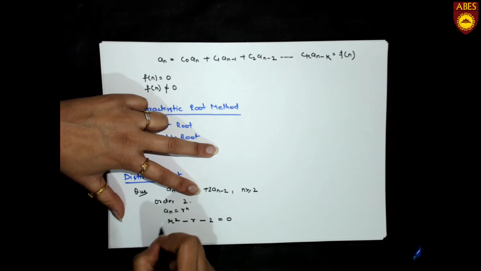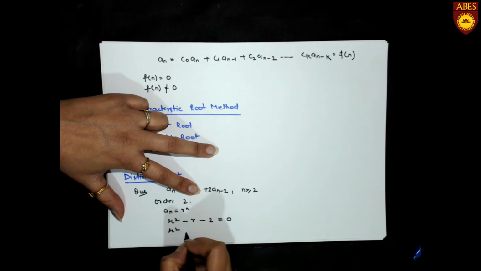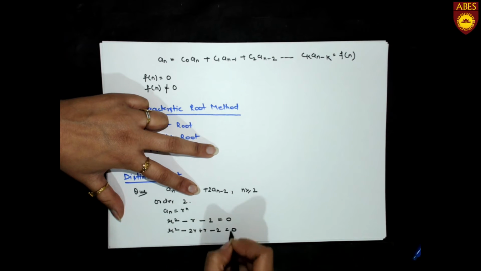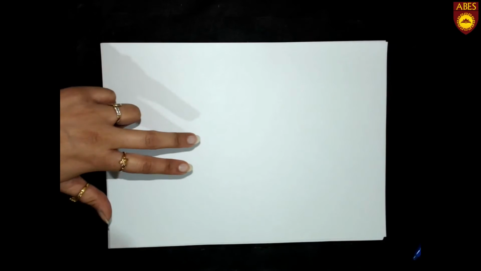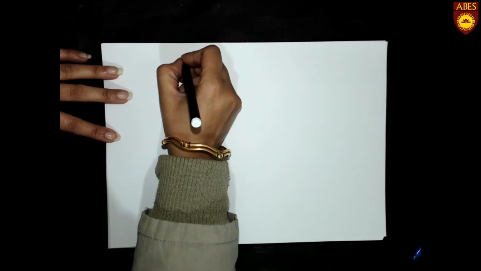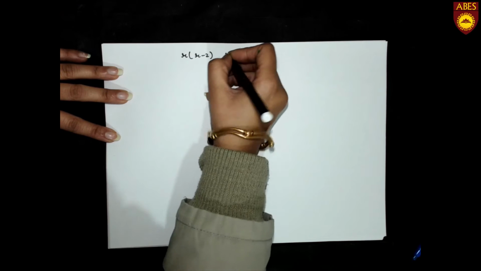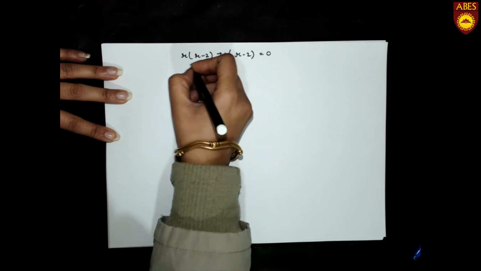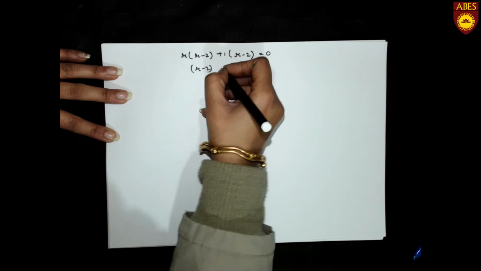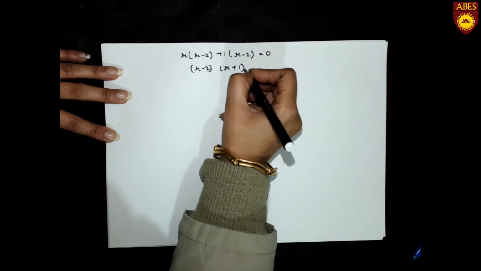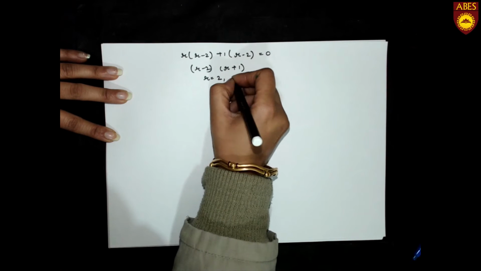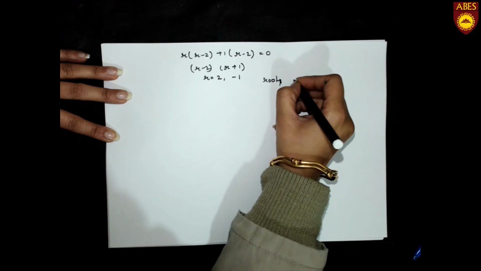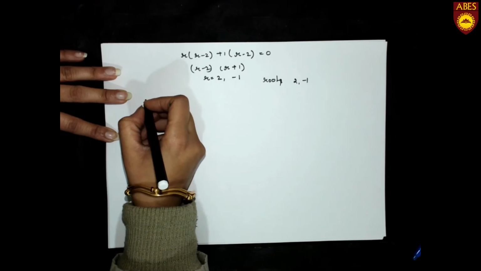Then we will solve this quadratic equation. r square minus 2r plus r minus 2 gives r minus 2 times r plus 1 is equal to 0, so r is equal to 2 and minus 1. So the roots are 2 and minus 1.